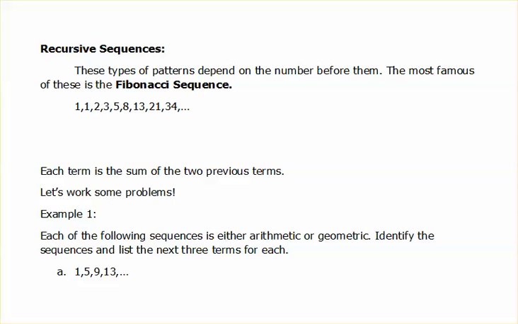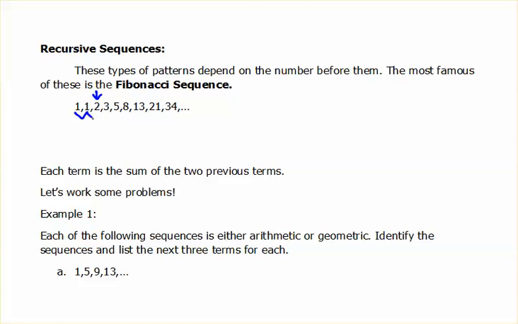The Fibonacci sequence is 1, 1, 2, 3, 5, 8, 13, 21, 34. Let's take a second and see if we can figure out what's going on here. If you add 1 plus 1, you get 2.